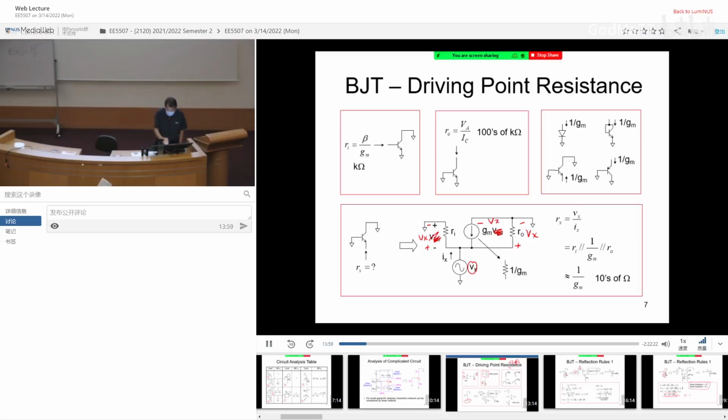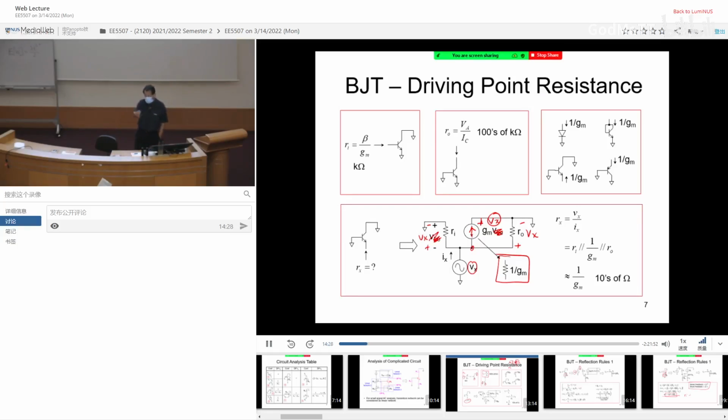I can change the current direction to going outward, so it becomes a positive GmVx. But it's not really a current source, because the current is proportional to the voltage applied across it. So this is equivalently a resistance, Ohm's law, a linear current-voltage relationship. So the equivalent resistance is simply 1 over Gm.